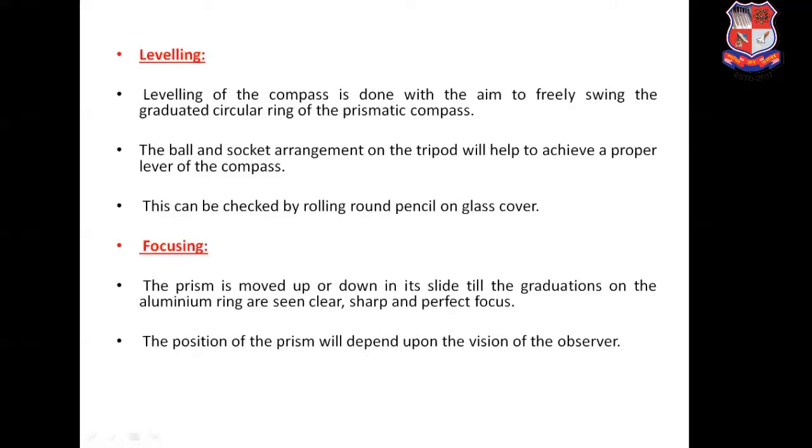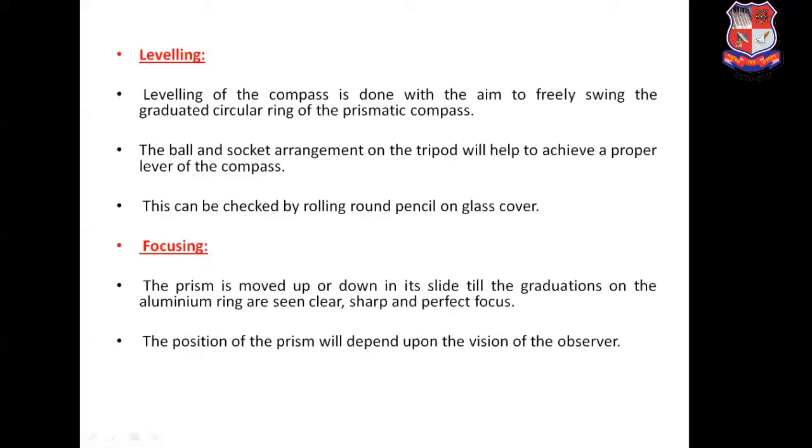The prism is provided at the eye vein. So the prism is moved in the upward or downward direction till the graduations of the aluminum ring, or graduated circle, are seen clearly, sharp and perfect.